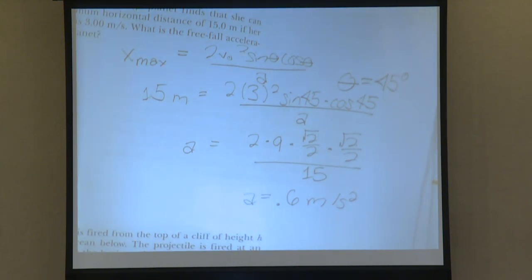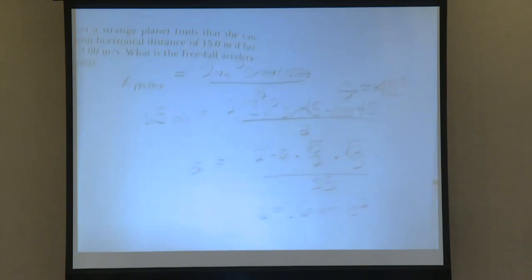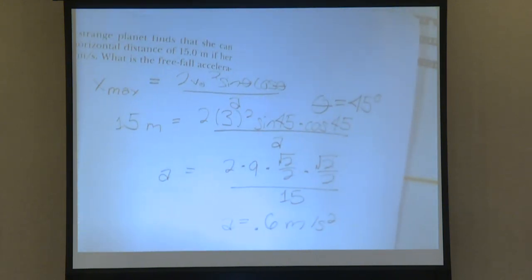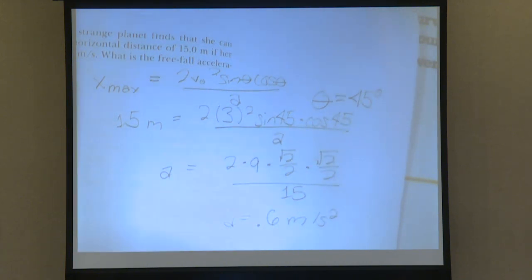This is generally the best way to solve it. It would take a lot longer to solve with kinematics, with other formulas. So this is the formula that they would provide you in this case. It's usually on your formula sheet when you're taking a quiz or your exam.